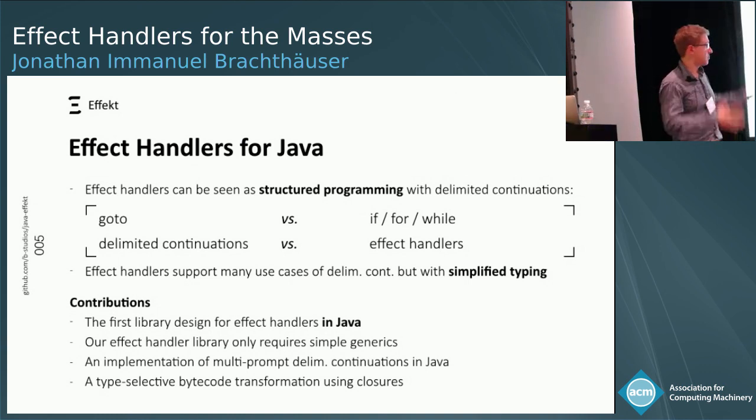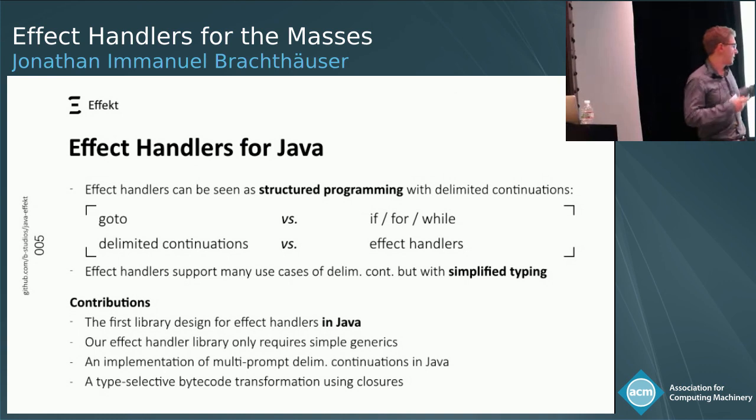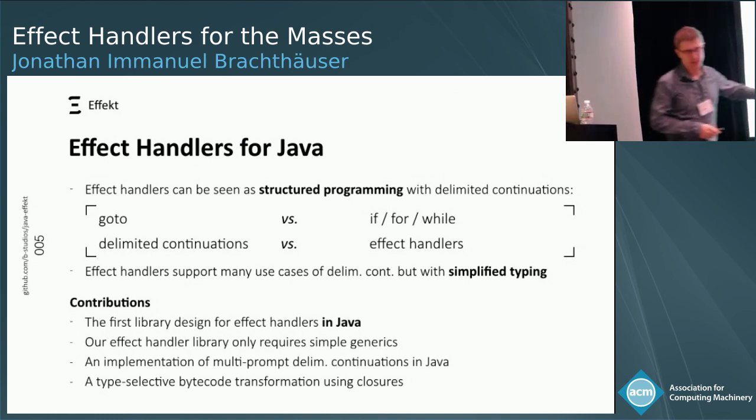In particular, the implementation is based on an implementation of multi-prompt delimited continuations, which in turn we perform via some bytecode transformation. I go into some details later, but a distinguishing feature of this bytecode transformation is that it uses Java 8 closures and invoke dynamic.